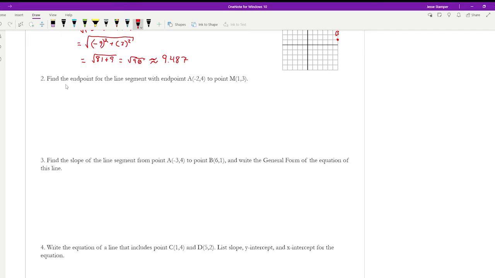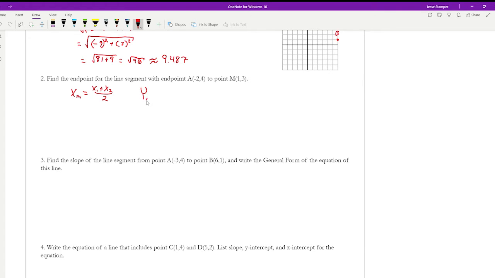Now, number 2, find the endpoint for the line segment with an endpoint A, -2, 4. I'm beginning to see why this didn't make as much sense. Wow, okay. I have typos in this, but still, M is the midpoint, 1, 3. Now, remember that your formula is x1 plus x2 over 2.